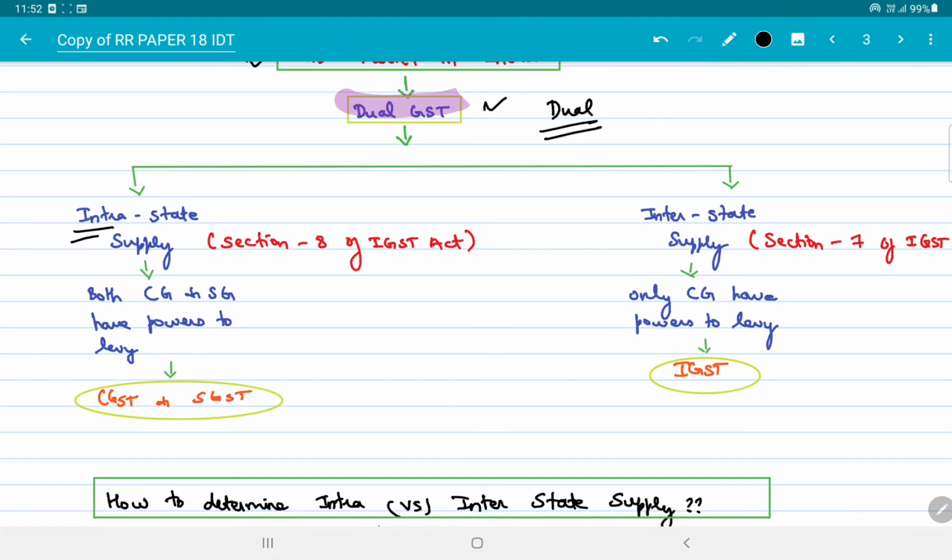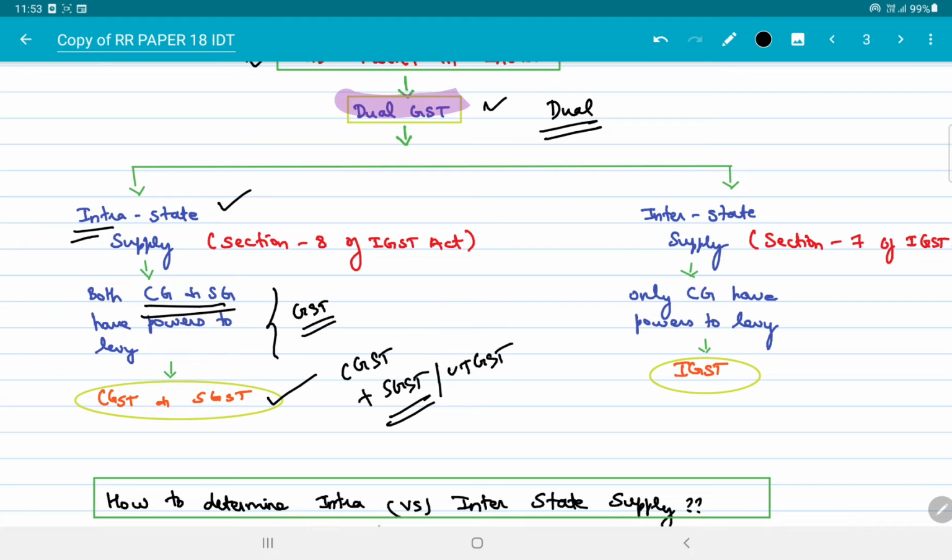If there is a transaction, for the time being try to understand, if it is an intra-state supply, then both the central government and the state government have a power to levy GST, and the GST levied on an intrastate transaction is CGST plus SGST, or UTGST in case of a union territory.